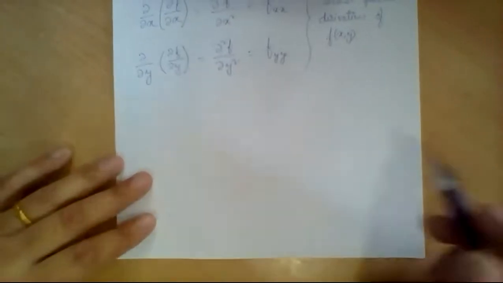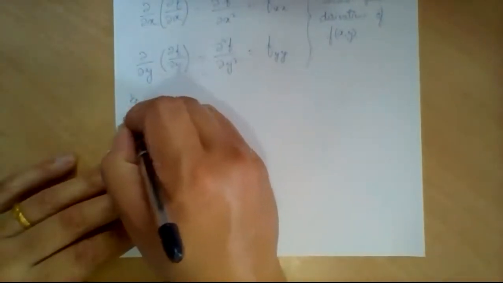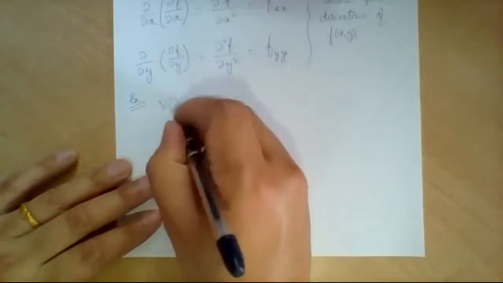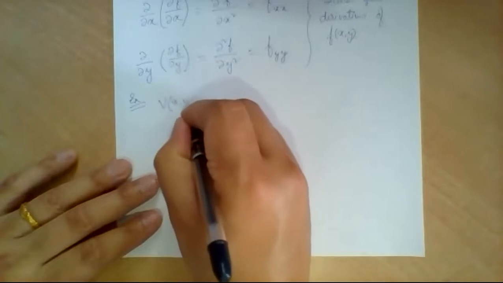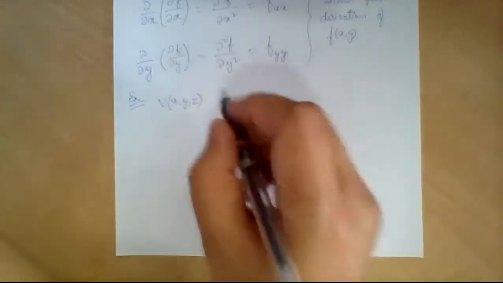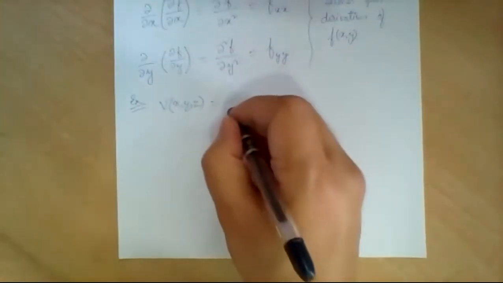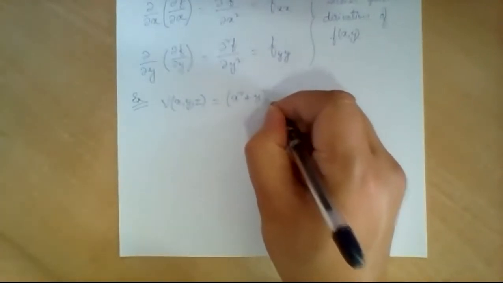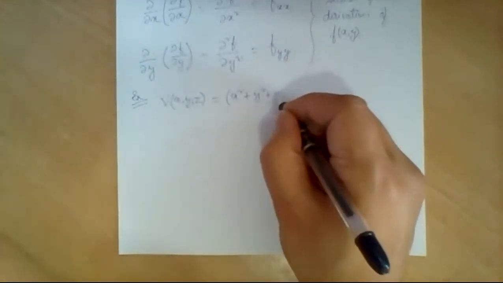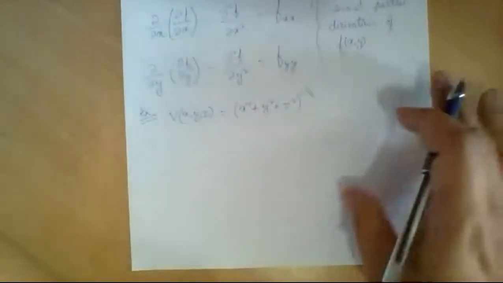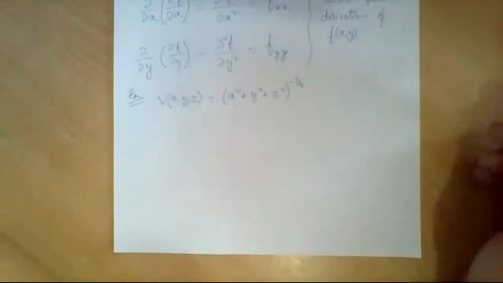So the example: I have a function v which depends upon x, y, and z. So v is a function of three variables x, y, and z, and this is given by x squared plus y squared plus z squared to the power minus half.